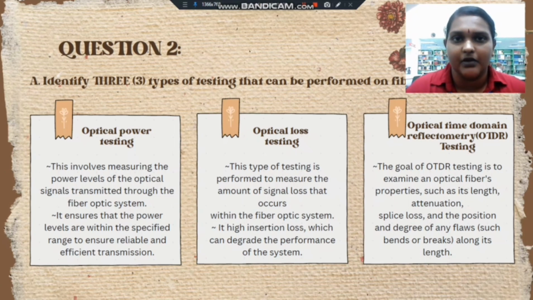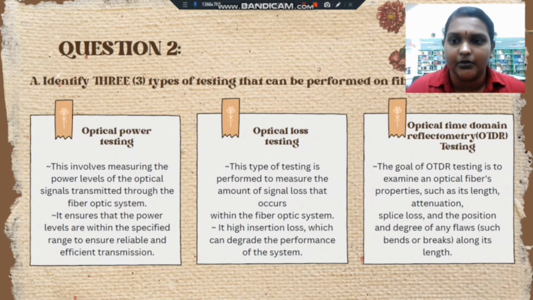And the second is optical loss testing. The testing is performed to measure the amount of signal that is lost across the fiber optic cable. High insertion loss can degrade the performance of the system.